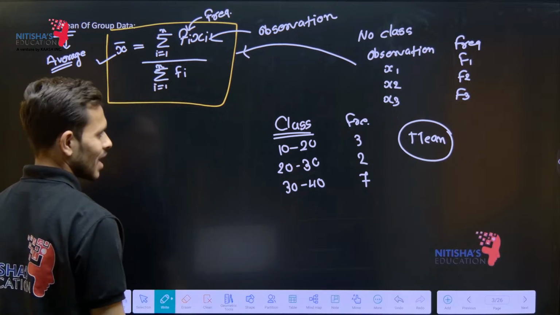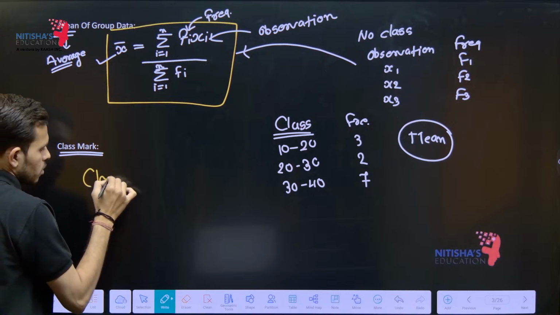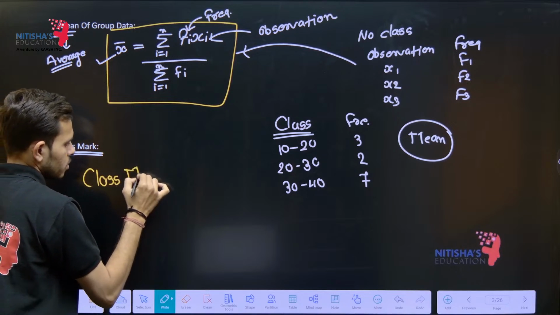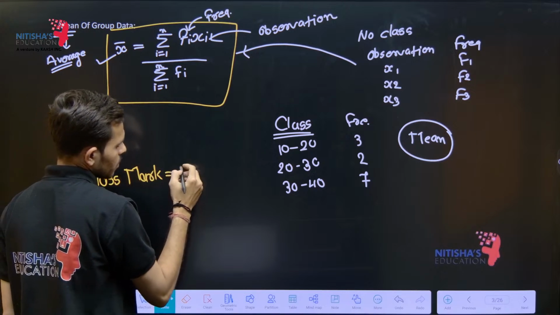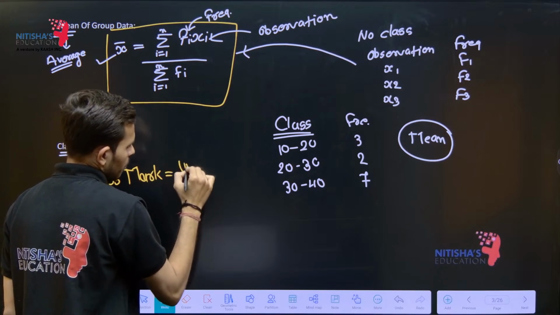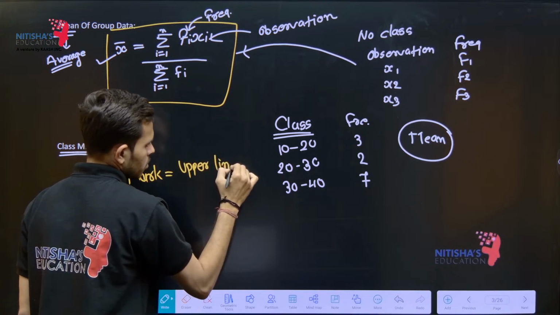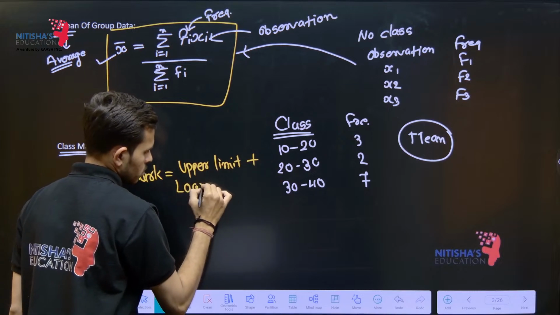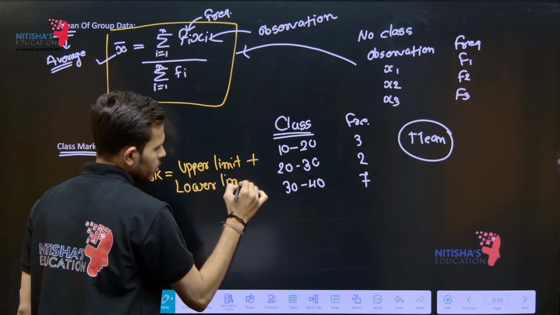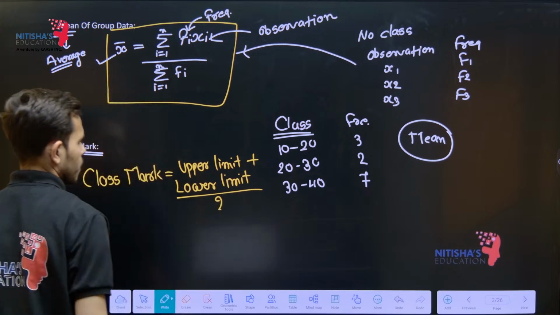Now what is class mark? Class mark is given by upper limit plus lower limit divided by 2.